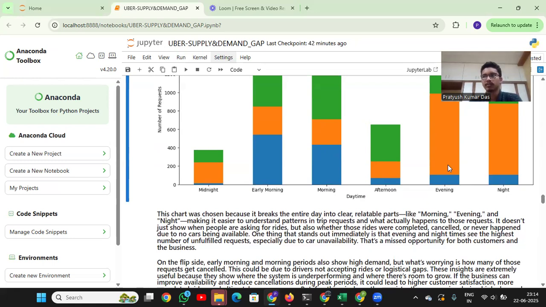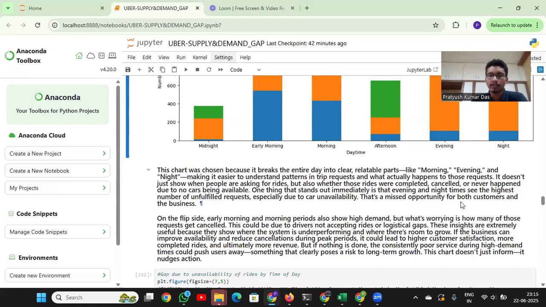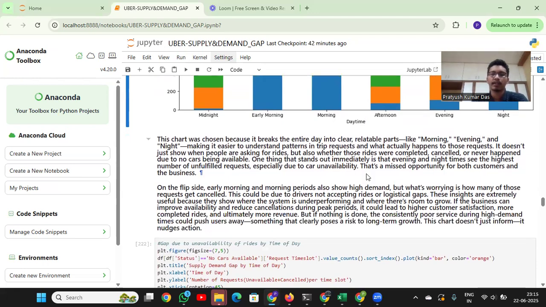At the end of the day, he has to choose Uber, and that's where they face losses, and the cab drivers profit by these cheap tactics. These are just my predictions of what could be leading to such things.